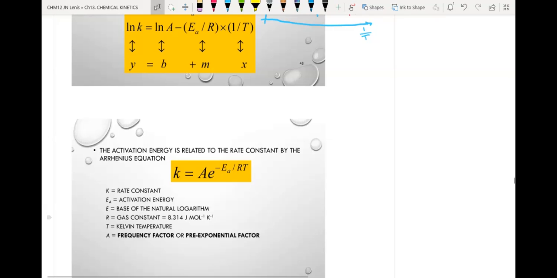And here, notice that we included a factor, which is a constant, the one I was mentioning before, capital A, and that is called the frequency factor, or pre-exponential factor, or Arrhenius constant.